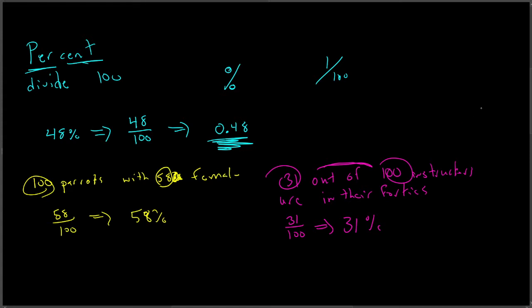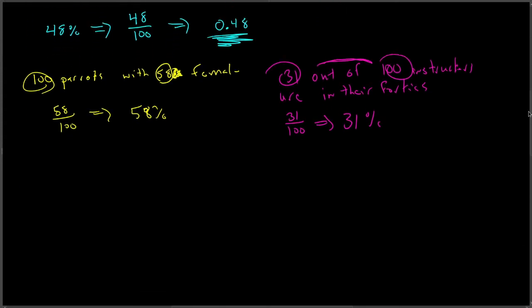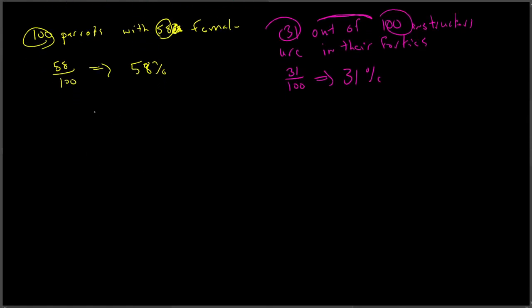All of these percentages can be written as decimals. The 58%, if we write it as a decimal, we divide by 100, or we move the decimal place over twice. So this becomes 0.58. Notice we lose the percentage sign when we do that.